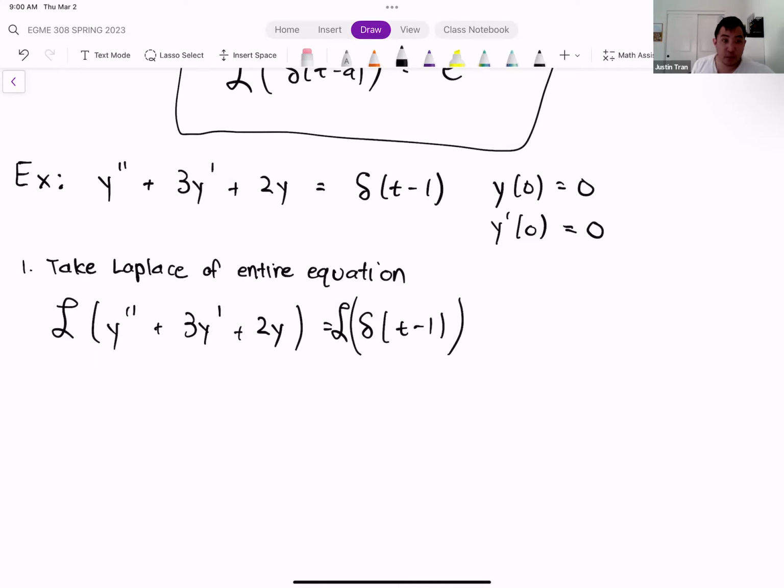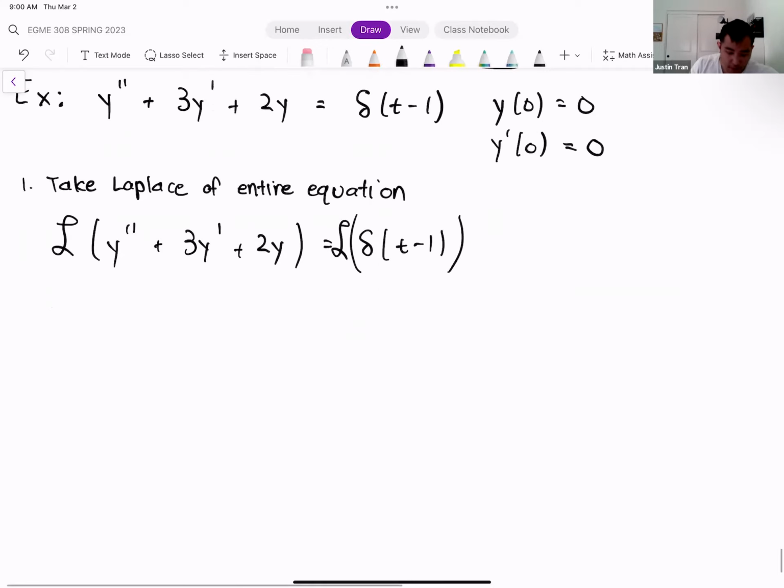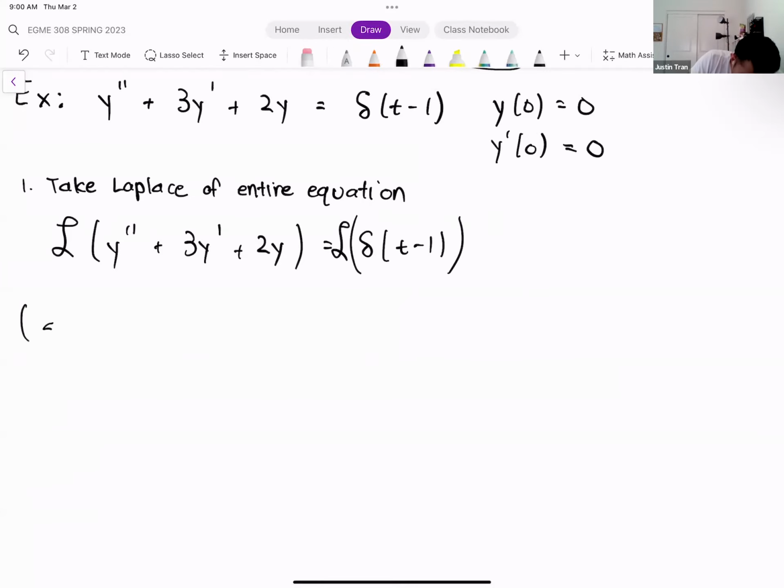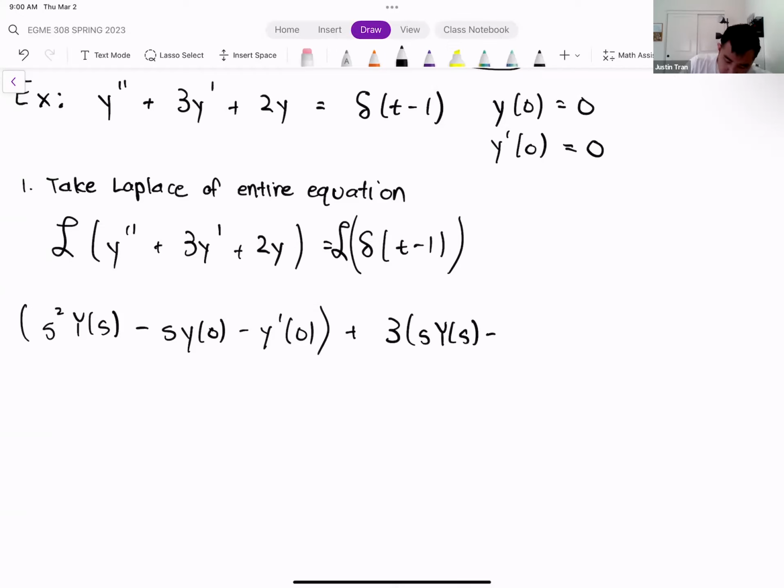All right, so let's go ahead and carry out this Laplace. First we have the Laplace transform of y double prime. And so that is s squared, big Y of s, minus s y of 0 minus y prime of 0. Okay. Then we have the Laplace transform of 3 y prime. And so the Laplace transform of that is 3 times s Y of s minus y of 0, plus 2 times the Laplace transform of y, which is just Y of s.